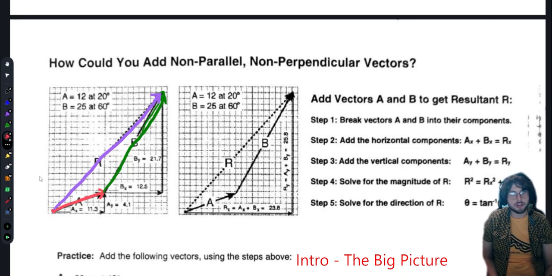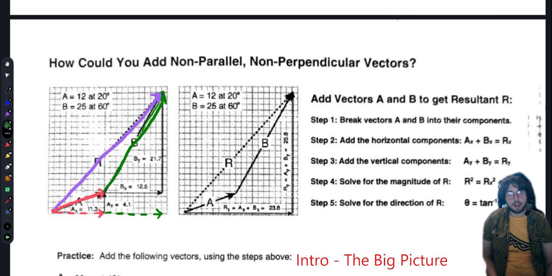Now, if you'll notice, let's just highlight the horizontal part of these vectors. Vector A takes us some distance to the right over here, like that, okay? And then vector B also takes us some distance to the right over here.